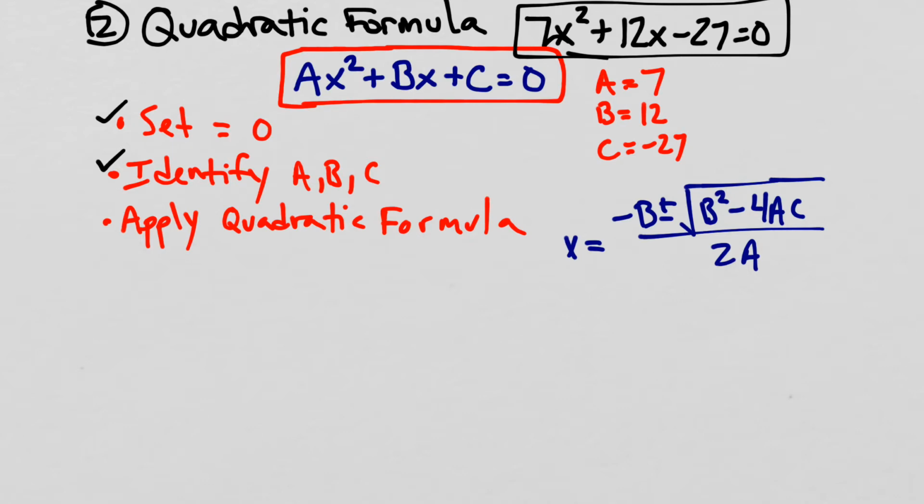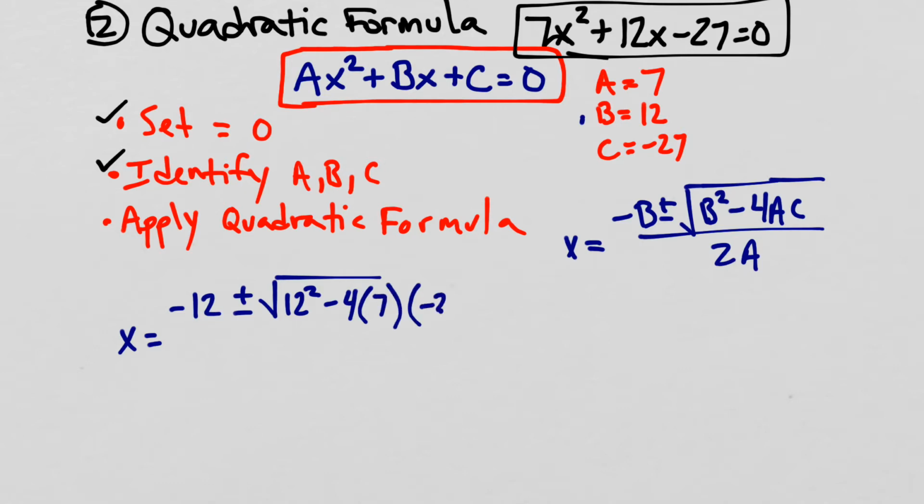Okay, so if we apply the quadratic formula in this problem, we have x equals the negative of b, so b was 12, so negative 12 plus and minus the square root of 12 to the second power minus 4, and then I put a and c in parentheses, so 4 times 7 times negative 27, all divided by 2 times 7.